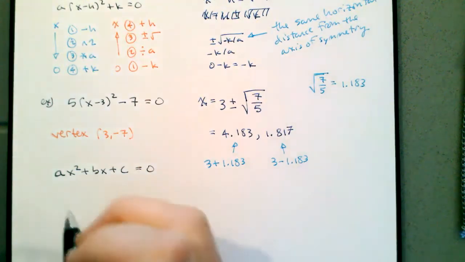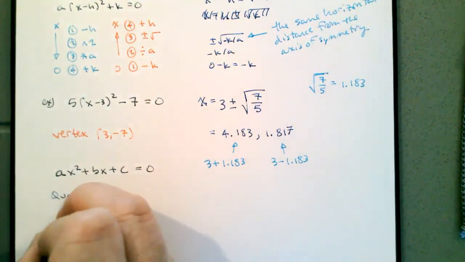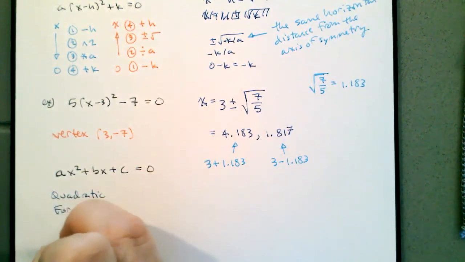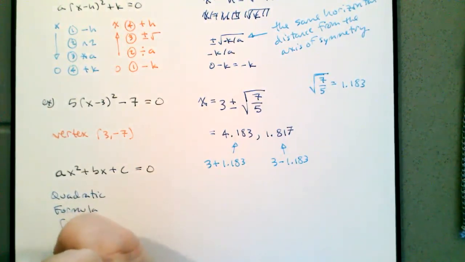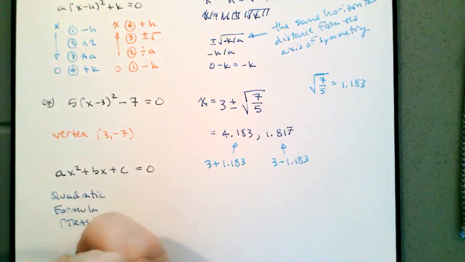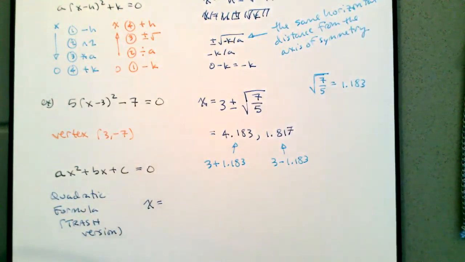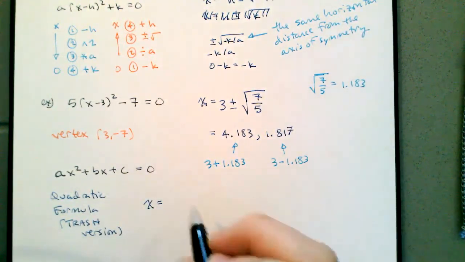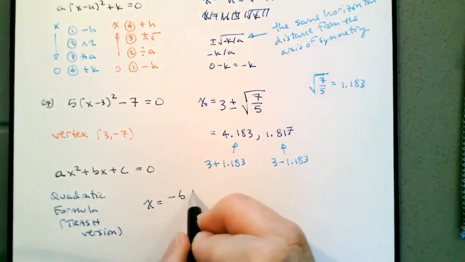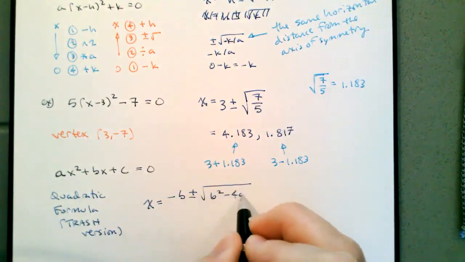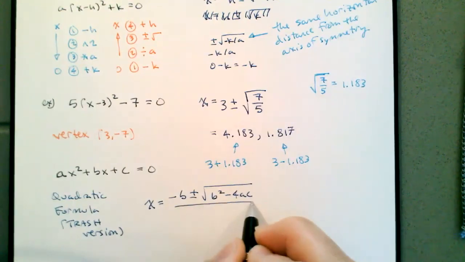So if we recall the quadratic formula, we know that the solution, this is something that we've probably been forced to memorize: x equals the opposite of b plus or minus the square root of b squared minus 4ac, all over 2a.